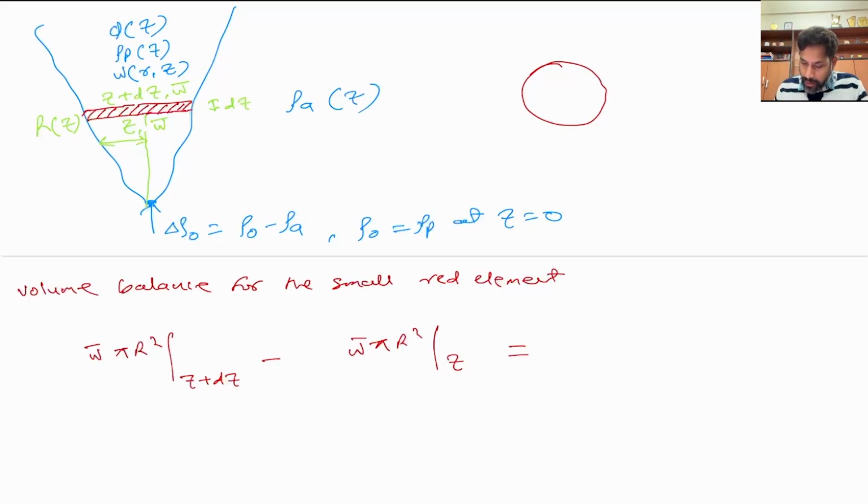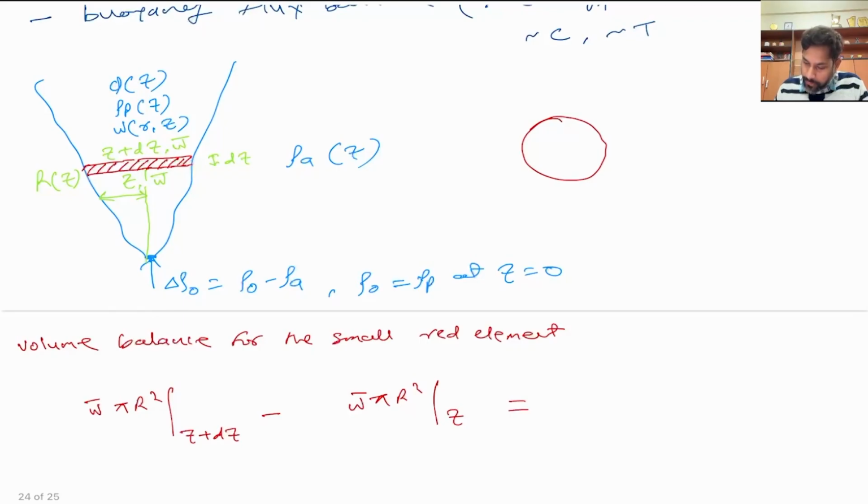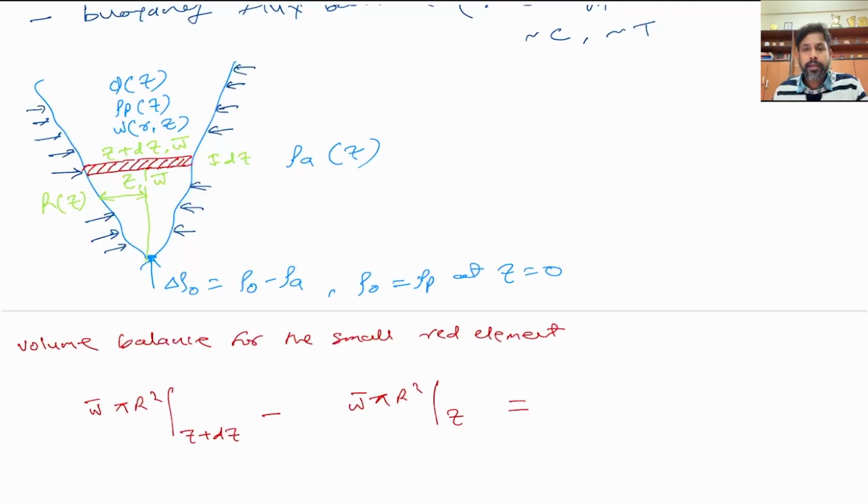Now in this plume model, one thing which we know is that because of entrainment, there is continuous fluid coming from outside to inside. The rate with which the fluid is coming in is, let's say, u, the horizontal velocity.